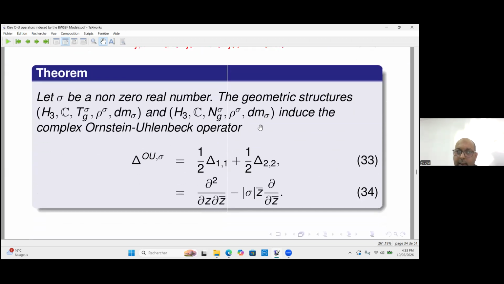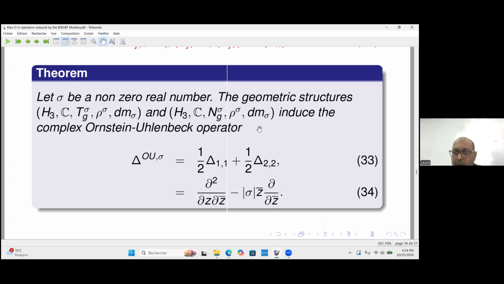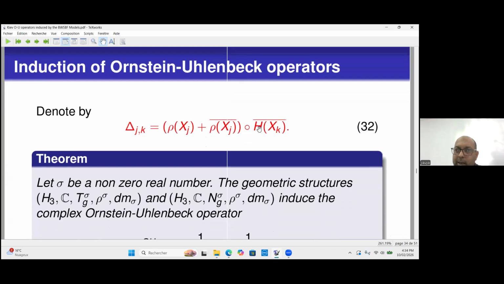So the first result here is, for each sigma and for each representation and geometric structure presented previously, we have such a complex operator given by 1/2 of delta 1 plus 1/2 of delta 2, where delta 1 here is just rho x1 plus rho x1 bar composed by h x1.